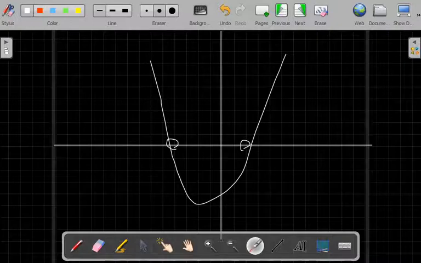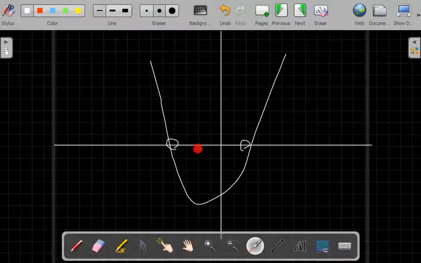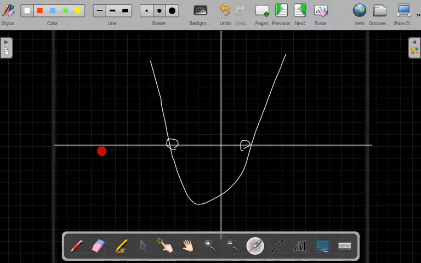We need to test a point that's in between negative 4 and 2 to see if it makes it true. And we need to test a point that's outside of 2 to see if it's true. So we're going to have 3 test points. Any point along here is fine. We need one from here, and we need one from here.